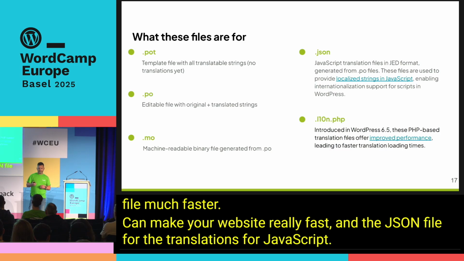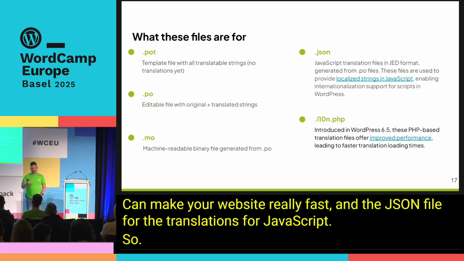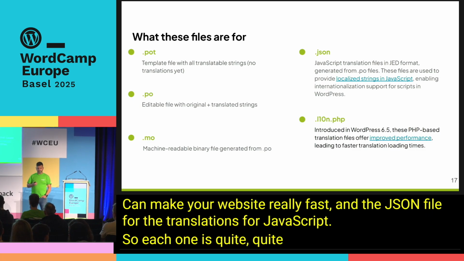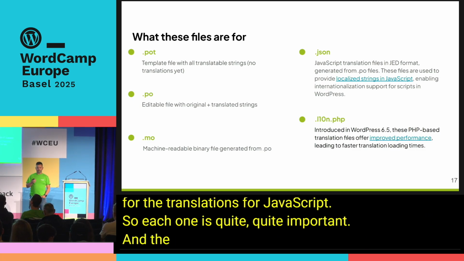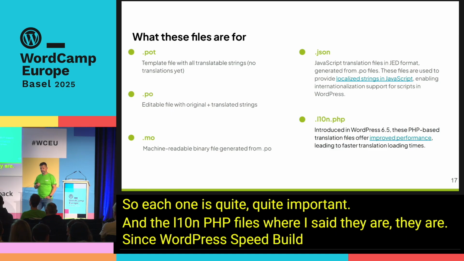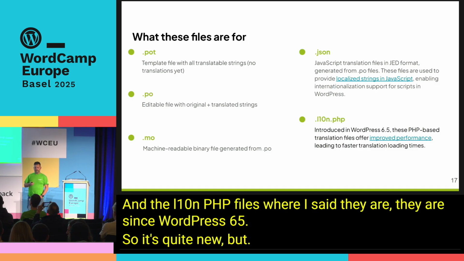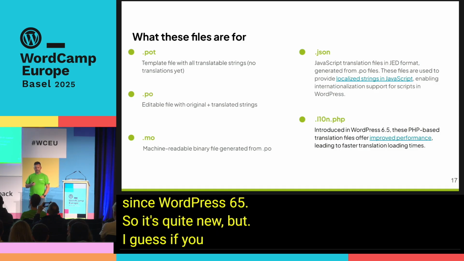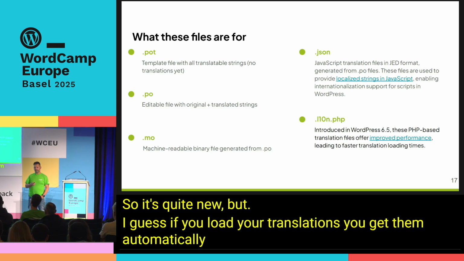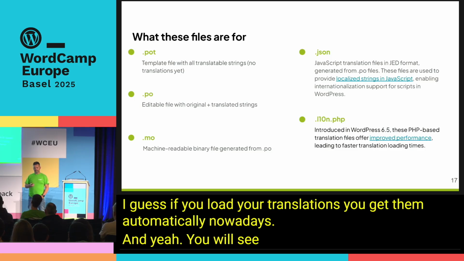So each one is quite important, and the l10n PHP files, as I said, exist since WordPress 6.5, so it's quite new, but I guess if you load your translations, you get them automatically nowadays, and yeah, you will see it feels much faster.